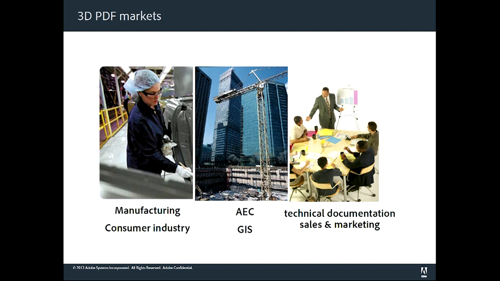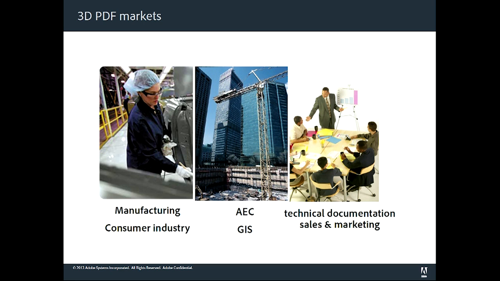Also, the middle part is something where 3D PDF is well accepted in the building industry, architecture, engineering, construction, for example. There are a lot of cases where 3D PDF helps a lot to understand the complete concept of the building, to have collaboration without having a CAD system installed, and you can communicate a lot better if you have an interactive 3D model.